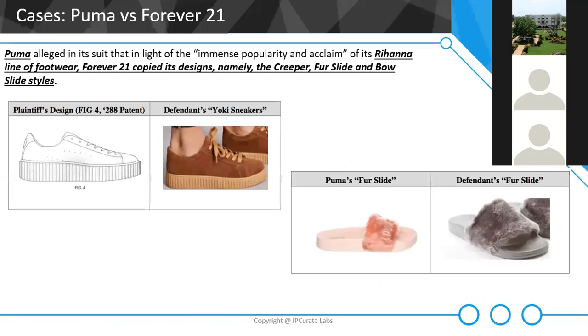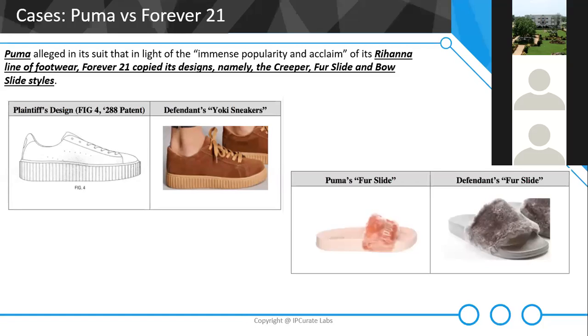There are some infringement cases regarding design in India also. Puma filed a design infringement case against Forever 21. Puma was having design applications for their shoe, and they filed a case against Forever 21. They stated that Forever 21 is copying their shoe design.